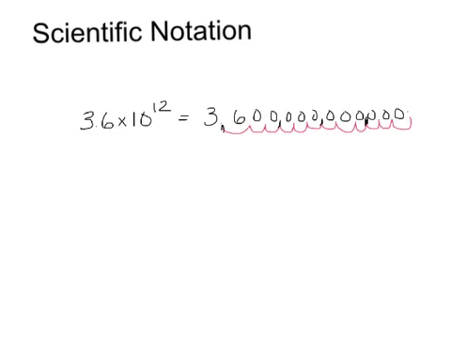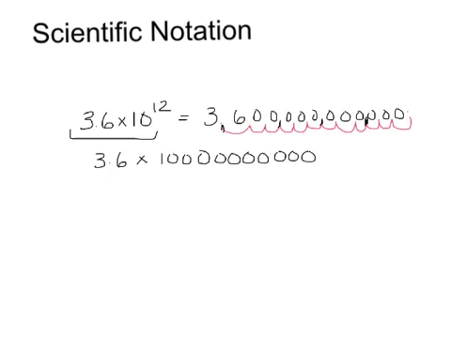But instead of having to write all the zeros out, this is a more concise way of writing it. Once again, this would mean 3.6 times 10 to the 12th, which if I add 12 zeros is a more precise way of writing it.